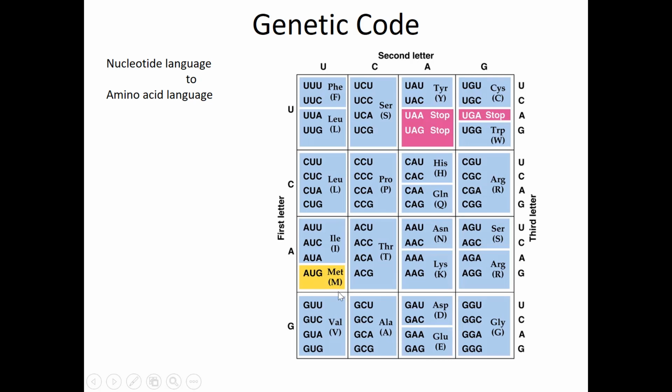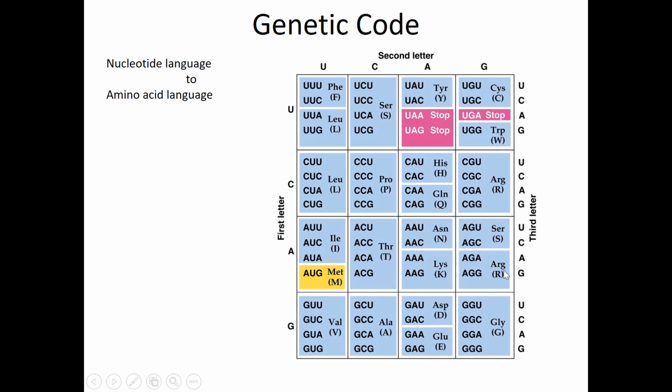Not only will that start the process of translation, but it will also add a methionine. So every protein starts with methionine, and that portion may end up being removed later. But every protein primary sequence will begin with methionine until it gets changed for some reason or another.